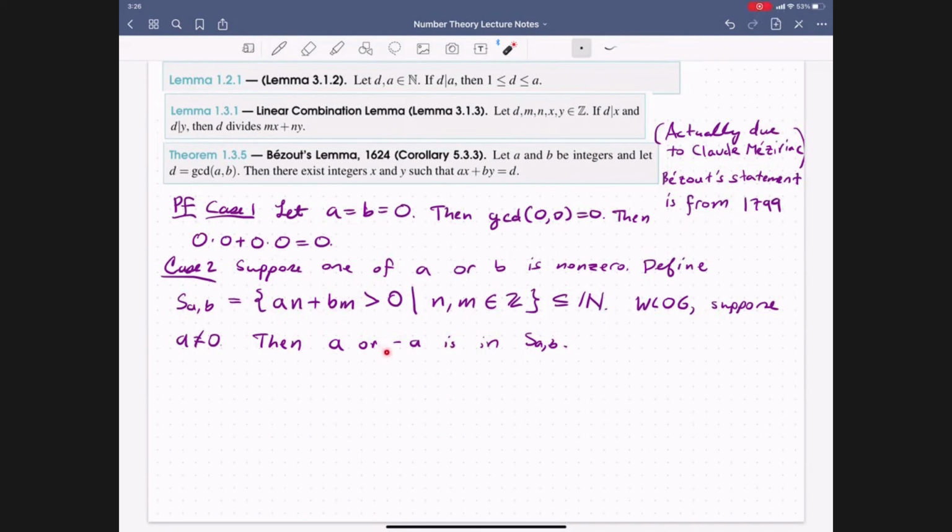But then negative a is positive. And then we come back over here. We can choose n to be negative 1, so we have negative a. Choose m to be equal to 0, so we have negative a plus 0, so just negative a. But that's positive, so it is in the set S sub a comma b. So therefore, we have that this is non-empty.